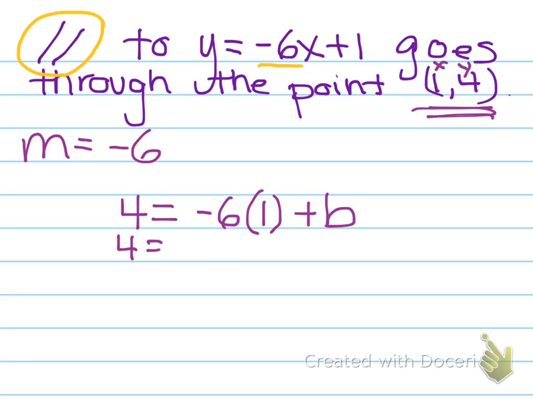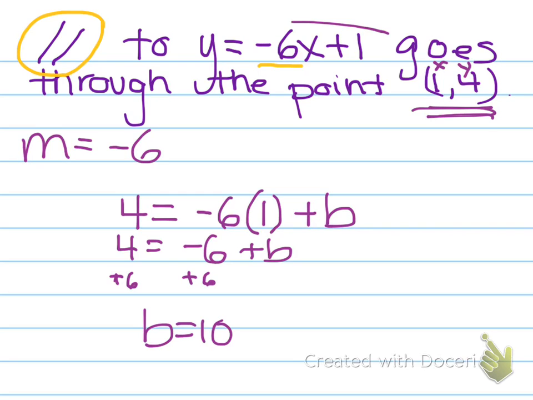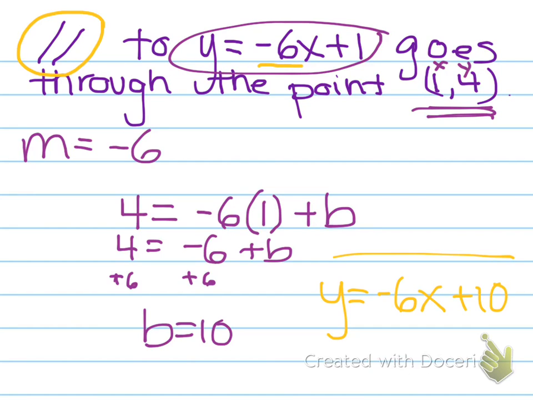So I get 4 equals -6 plus b. I'm going to add 6 to both sides, so b equals 10. So the line that is parallel to this equation but goes to the point 1, 4 is y equals -6x plus 10.